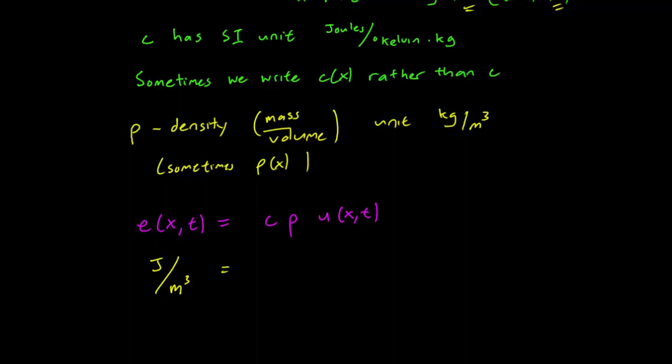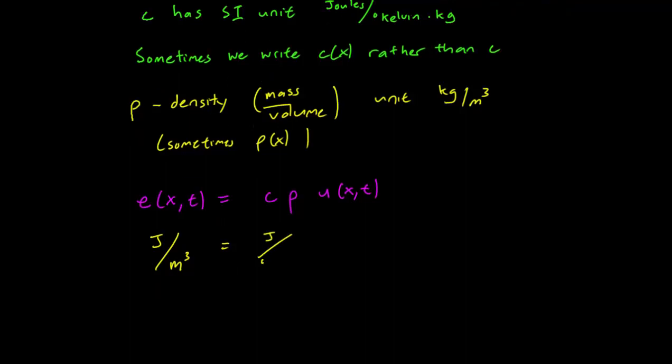The unit for C, the specific heat, is joules per degrees Kelvin per kilogram, and the unit for ρ is kilograms per cubic meter, and the unit for u of x and t, the temperature, is of course degrees Kelvin. And you can see that if you cancel out all the units, it all matches up.